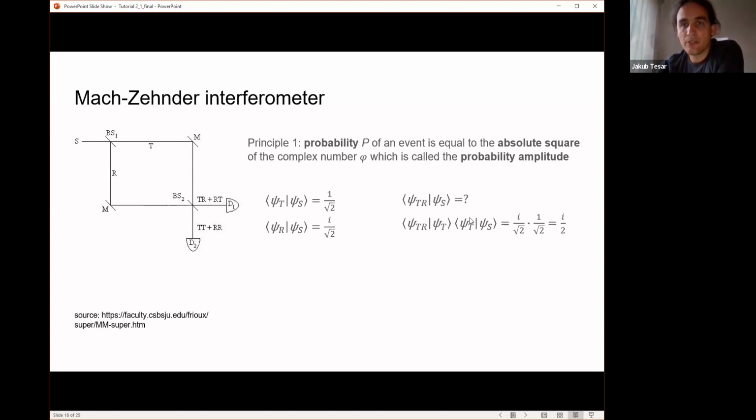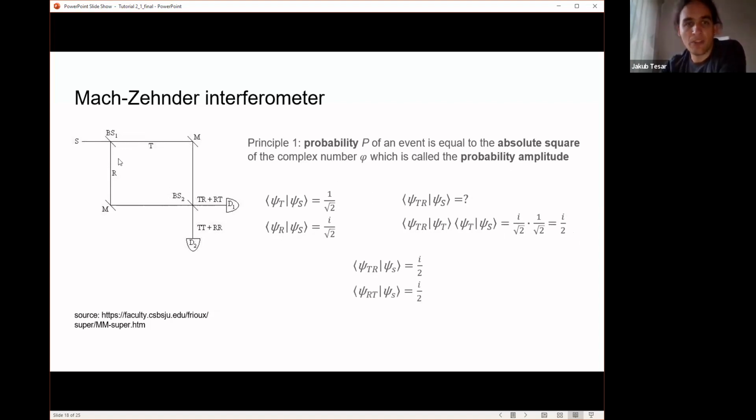So the idea is that if the probability amplitude in the first one is 1 over the square root of 2, and the probability amplitude of the reflection, which is the second one, is i over the square root of 2, we can multiply them and get the probability amplitude of the whole path, which is i over 2. And if we do this for all the rest, we will just combine those two numbers in various ways. If we are talking about TR, which is transmission and reflection, it will be multiplication of these two.